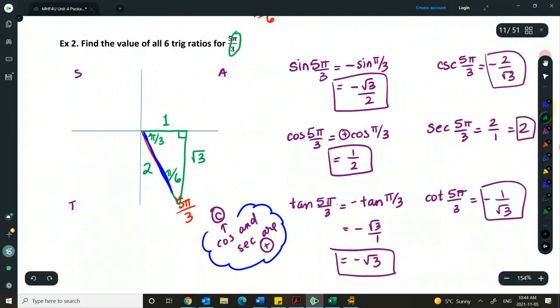So our reference angle, as I mentioned before, is pi over 3. That's how we're going to label opposite, adjacent, hypotenuse. So opposite to pi over 3 must be root 3. Adjacent is the other leg of the triangle that's not the hypotenuse. And hypotenuse is, of course, across from the right angle.